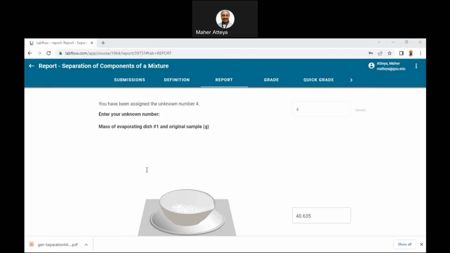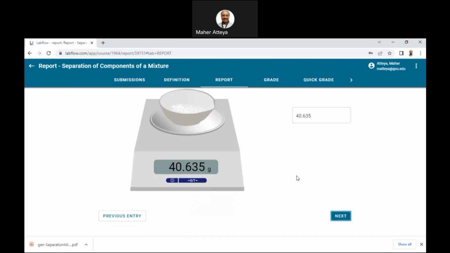You can see mass of evaporating dish, original sample, mass of dish 1, crucible number 1, and mass with the crucible 1. This is 40.6, correct? And click okay, this is correct.